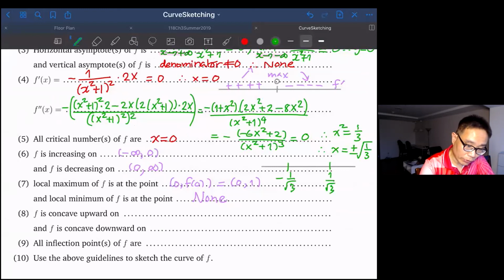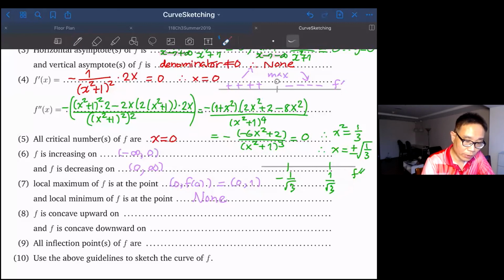And you're gonna check for the sign of the second derivative. So you're gonna plug in x in this interval. So you're gonna plug in x equal to 1.